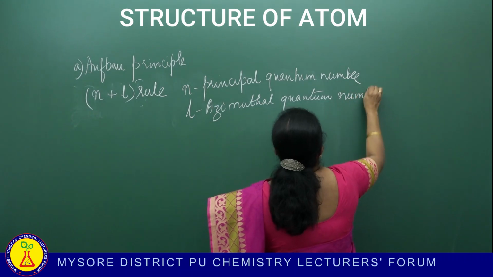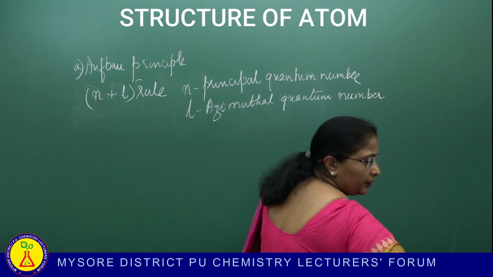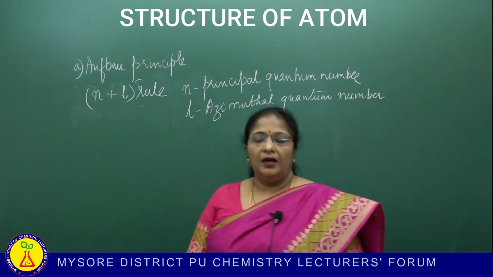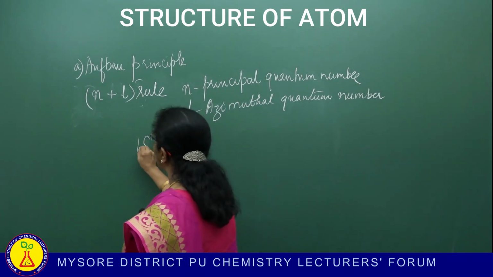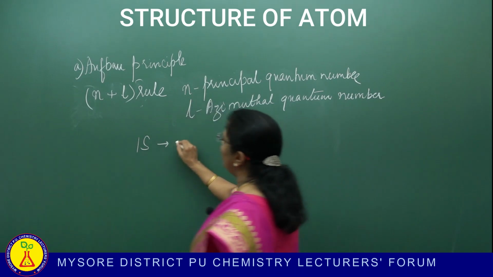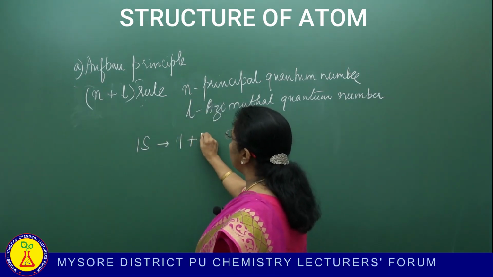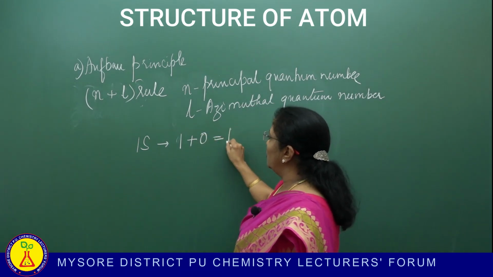Hence, if I take the 1s orbital, the value of n is 1 and the value of L is 0, so n plus L will be equal to 1.